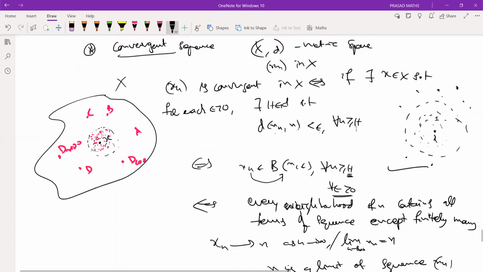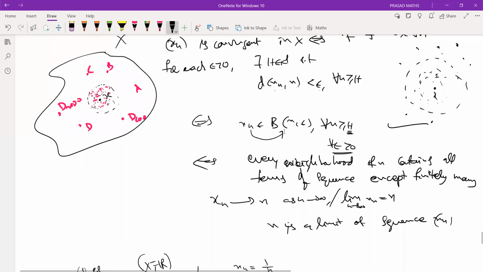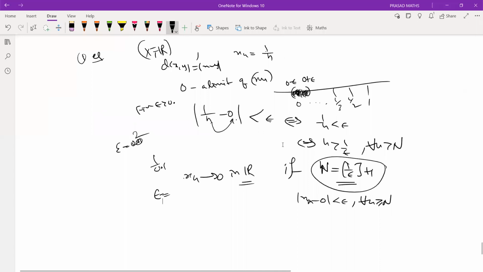You find a natural number: there exists N, and h belongs to the natural numbers. The stage is my natural number. Suppose I take epsilon equals 2, what is 1 by epsilon? It's nothing but 1 by 2, that means 0.5. So definitely you can use the step function.